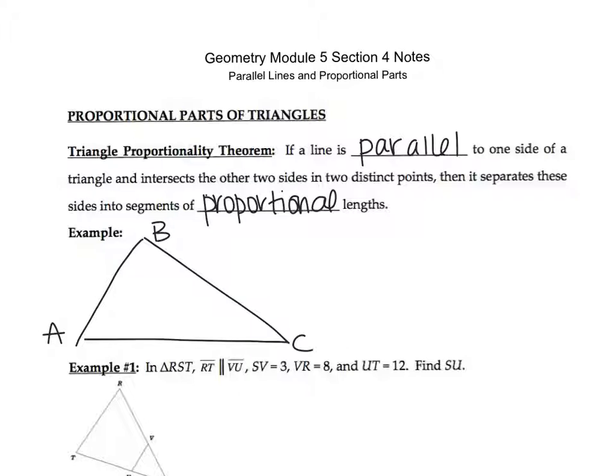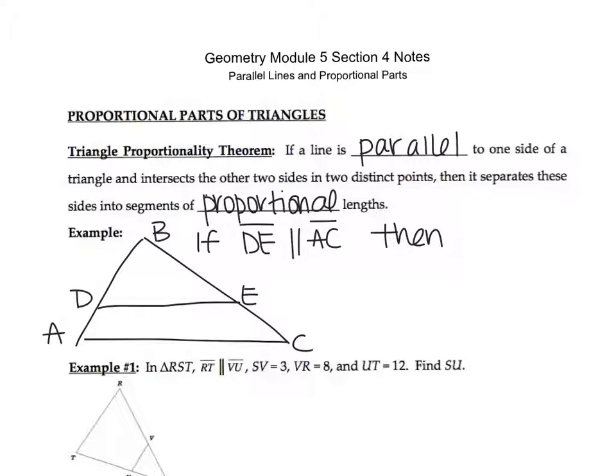So if we take a look at what that means, we have our triangle ABC. We are going to draw a parallel line DE in that triangle. So we know that DE is parallel to AC. So if DE is parallel to AC, then we have that BD over DA is going to be equal to BE over EC.